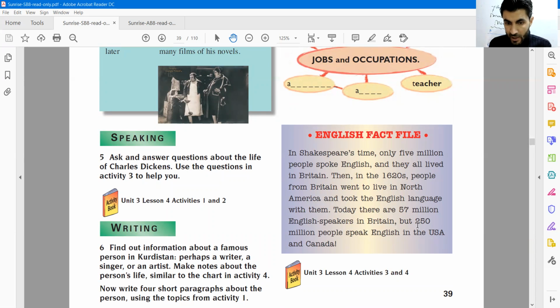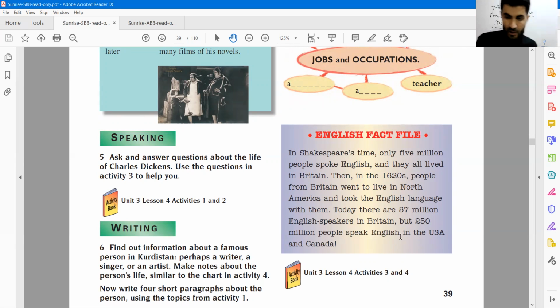We're talking about English, generally about 57 million speakers. But 250 million people speak English in the USA and Canada.